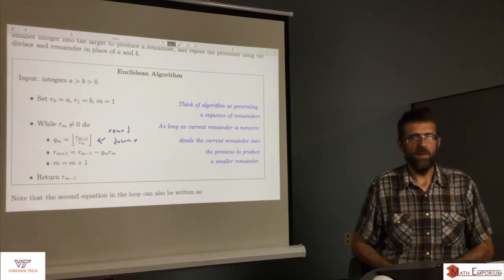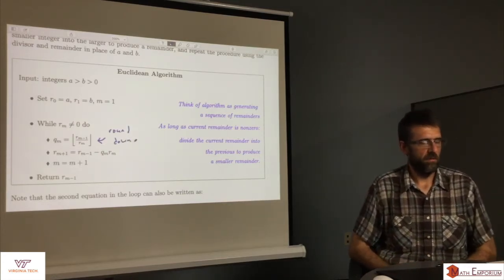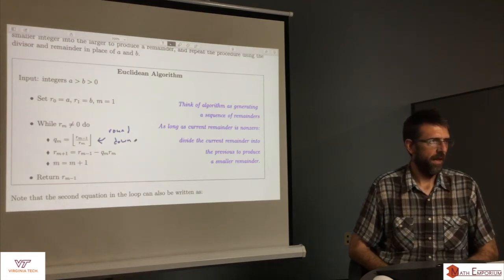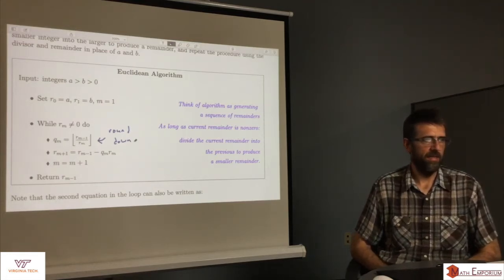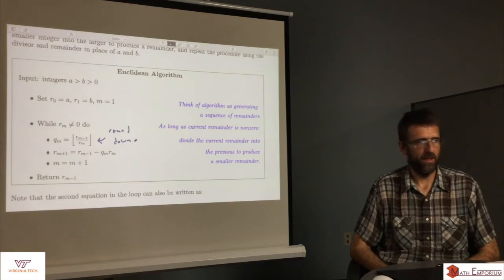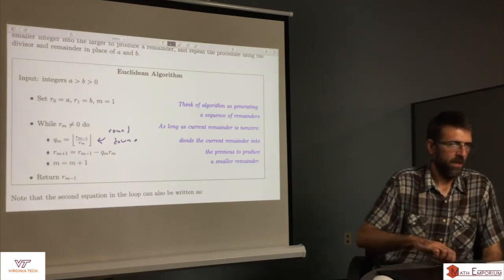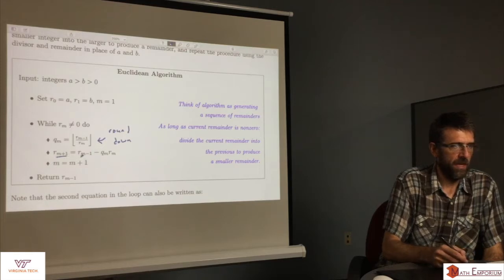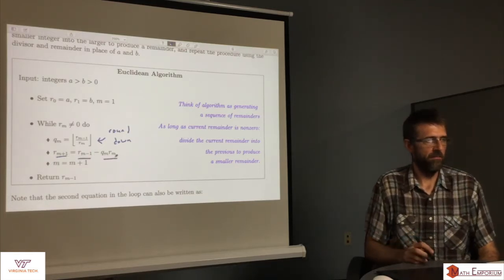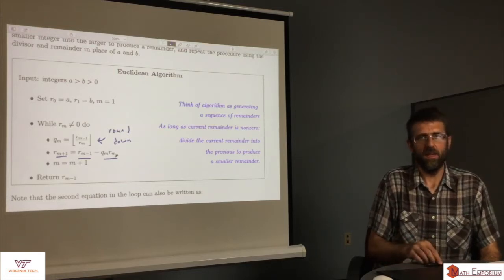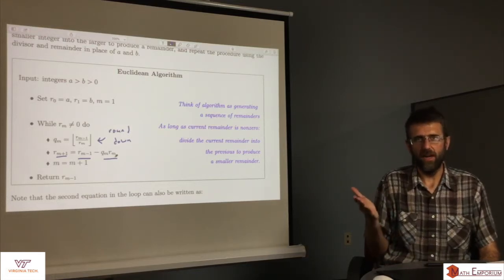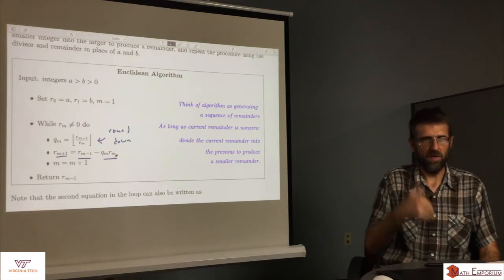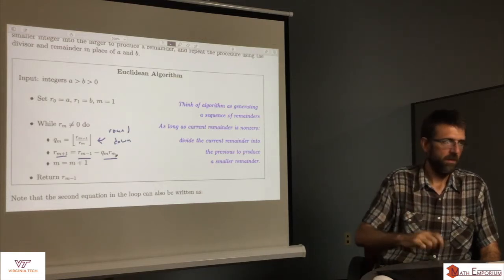So q m will be the largest integer quotient that I can get when I divide the previous remainder by the current remainder. And then the next remainder would just be the previous remainder minus that quotient times the current remainder. Notice that will just be the smallest non-negative remainder I could get when dividing the previous remainder by the current remainder.